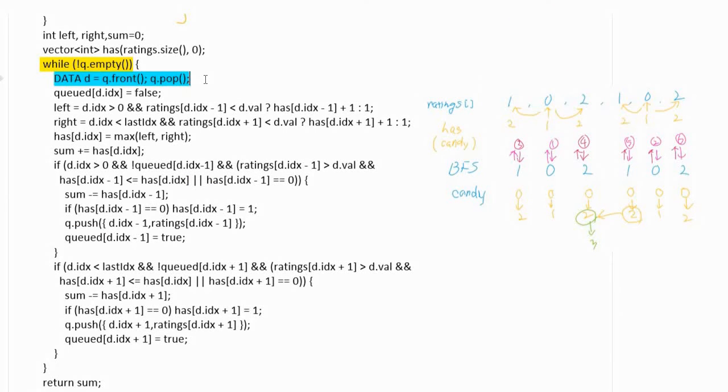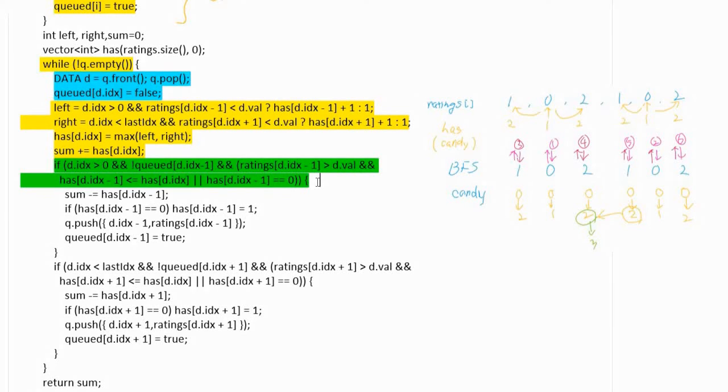The queued items are popped sequentially, also setting the queued flag false, and we calculate the candy count considering its left neighbor and its right neighbor respectively, and choose the bigger one as its candies, and the count is added to a sum variable. This is the condition to do its chaining behavior by checking if the requirement conditions are not satisfied. In that case, we should enqueue its neighbor item one more time to update its candies.